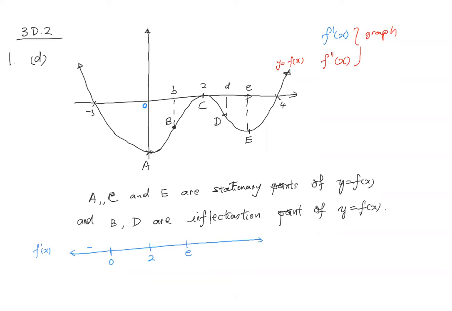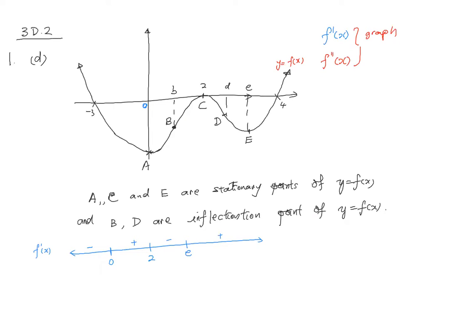From 0 to 2, what sign should I put? Positive. Then from 2 to E, negative. From E onward, positive.